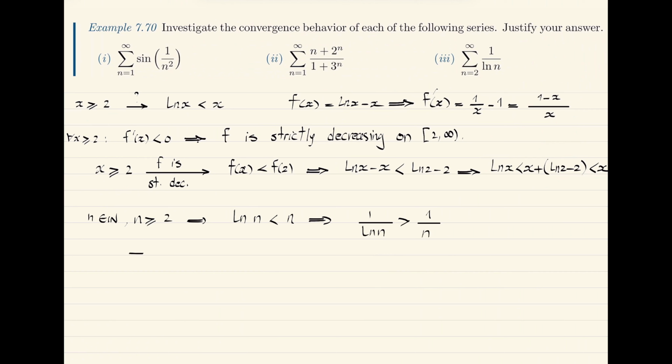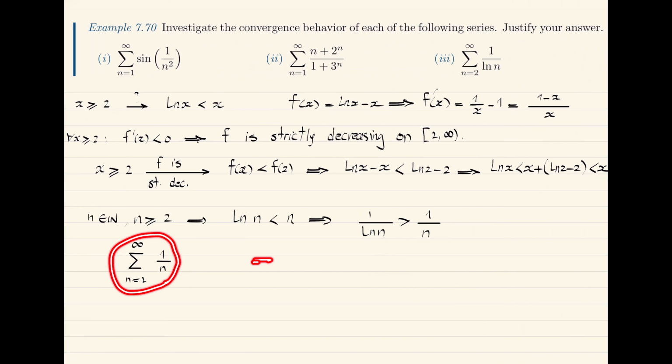And then we know that the sum of 1 over n from 2 to infinity is divergent, even though this is not the harmonic series, because the harmonic series starts from 1. But if you remember, we also had a theorem that the behavior of an infinite series does not depend on a finite number of the terms from the beginning of the list.